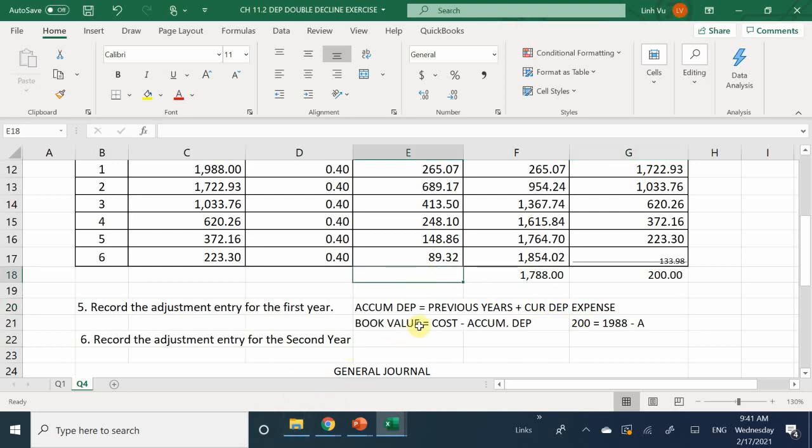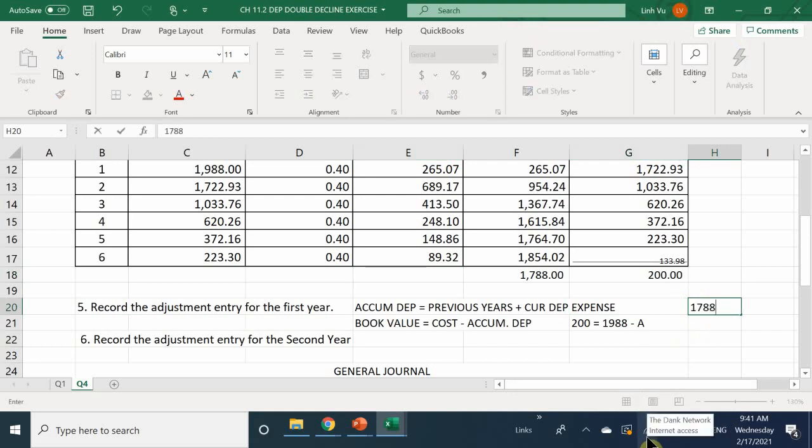So how do I solve this? 1788 is my accumulated, and I know my previous year is 1764.70. How do I solve for my current year's depreciation? In this case, I'll put C.